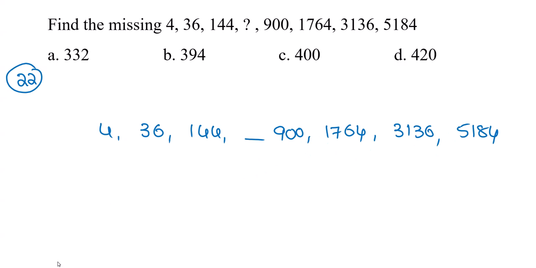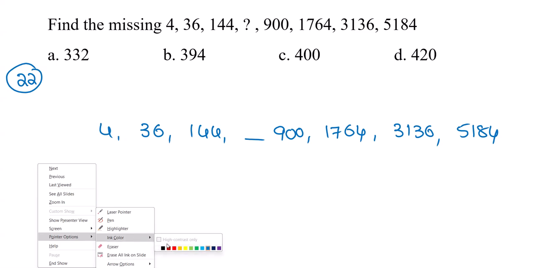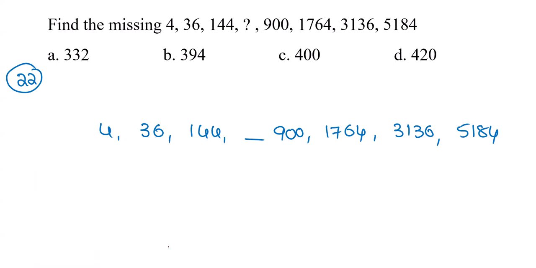Okay. So when you observe the differences here, it's 864. This is perfect squares. Is it so? 2 square, 6 square, 12 square, 30 square, perfect square.